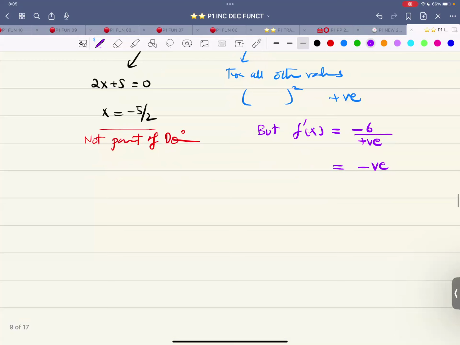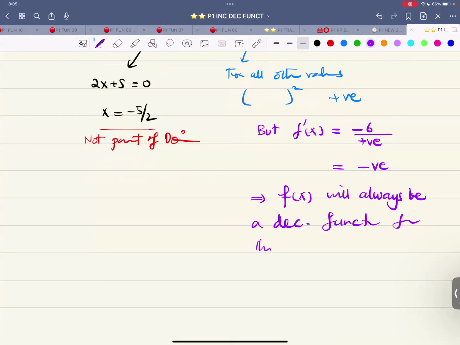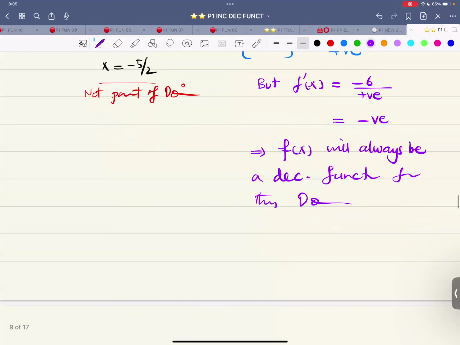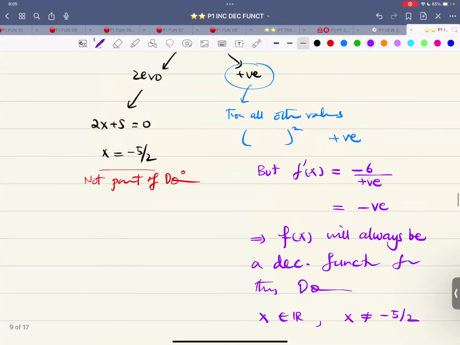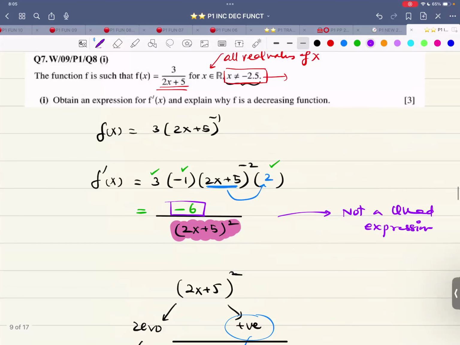Since f prime x is negative, therefore the conclusion is f x will always be a decreasing function for this particular domain. And what is the domain? x is an element of real number. At the same time, x should not equal -5/2. Is this all good, all clear?